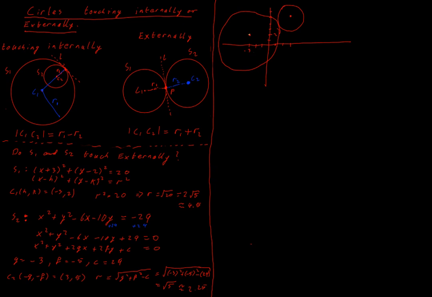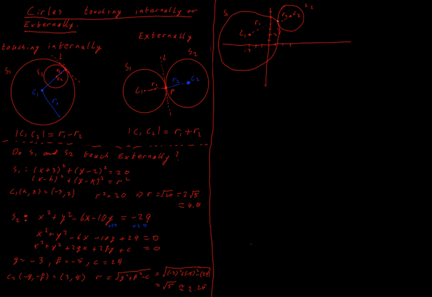So I have my radius 1 here. This is S1, S2. Radius 2. This is C2, C1. So if these circles are touching externally, which is what I'm checking for, and I can see that roughly they are based on the very basic sketch, the distance from C1 to C2 must be the same as the sum of R1 plus R2.